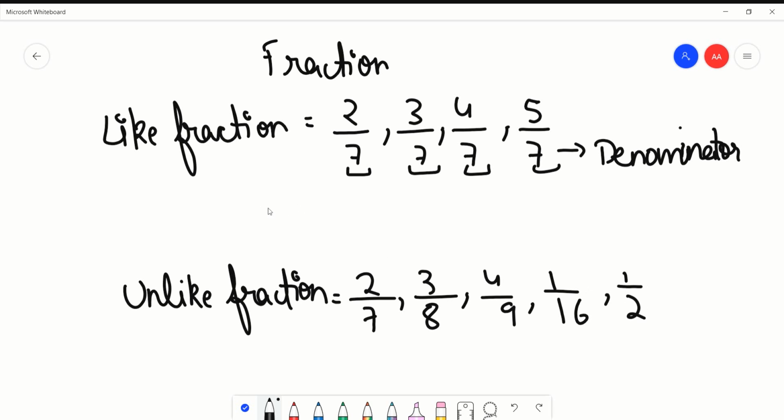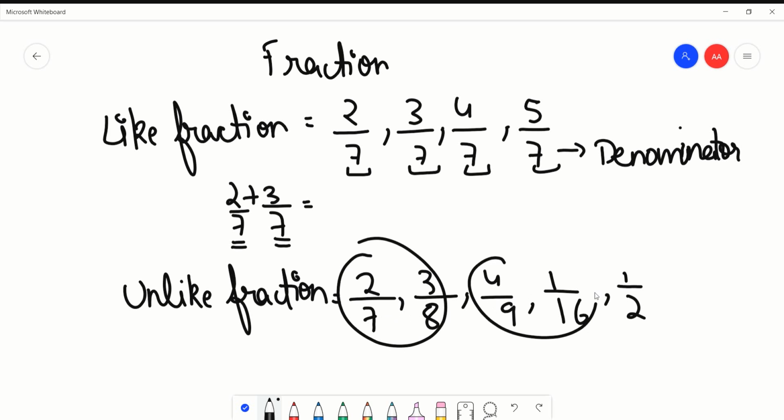One important thing that you must know: when we are adding or subtracting two fractions, we need to make sure that the denominators are the same. We cannot add these fractions directly. We need to make them into like fractions, then we will add or subtract them.